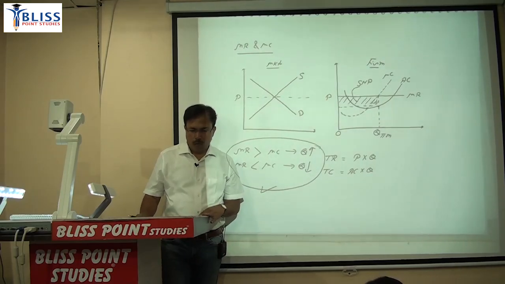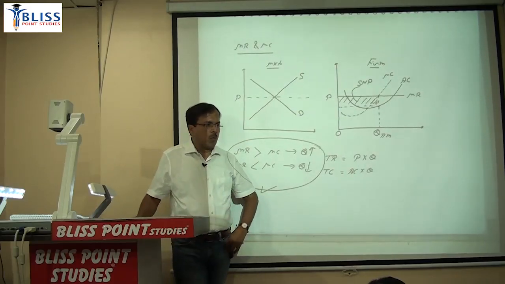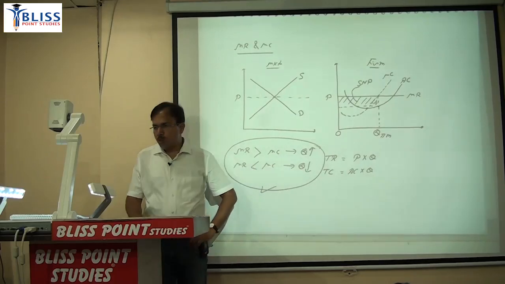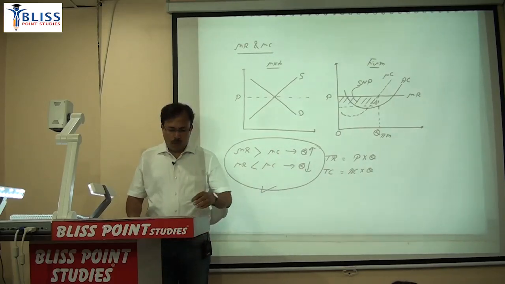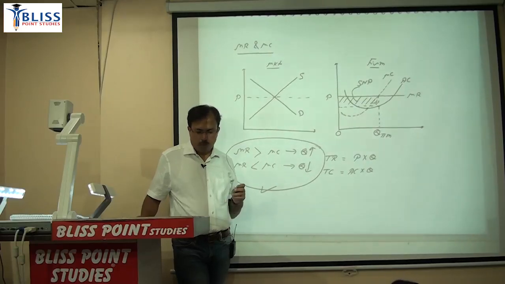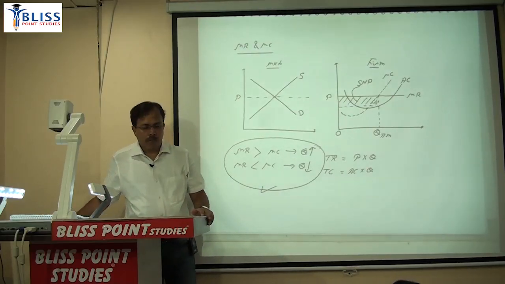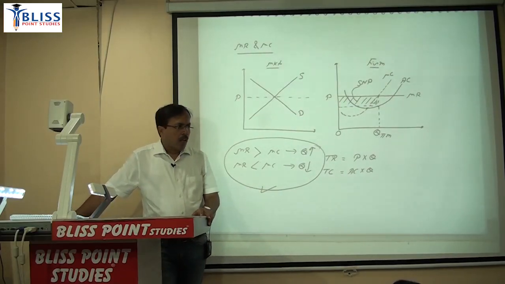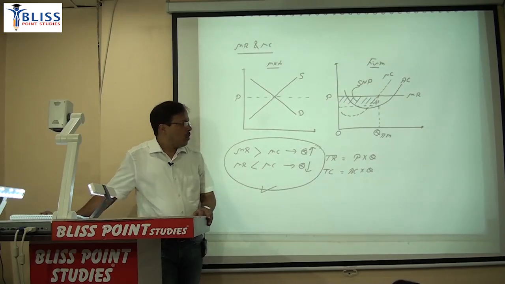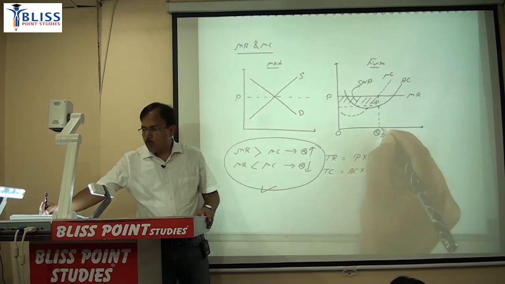So it is profitable to reduce output. Therefore, profit is maximized at output Q star or Q pi m. Profit is maximized at output Q star.